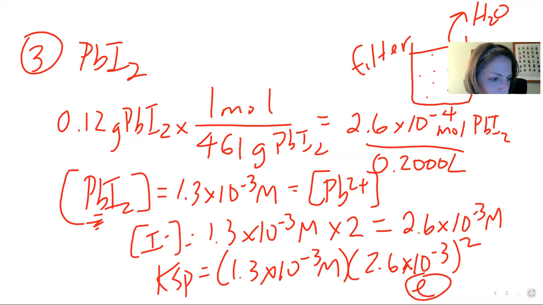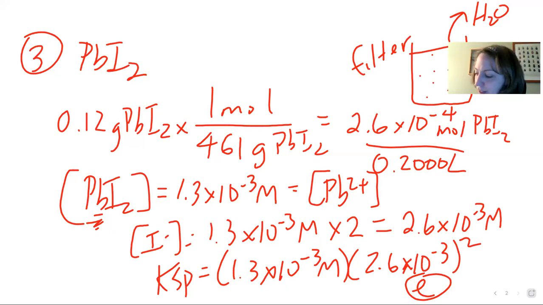Now I'm going to look at the chat to see if there are any further questions about this problem. Someone asked: here we assume there was no excess solid. That's right.